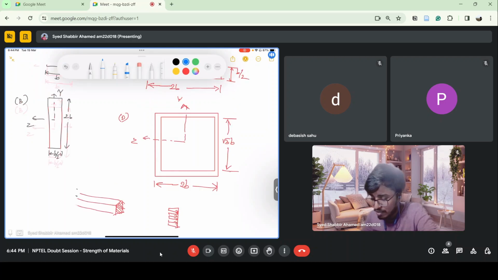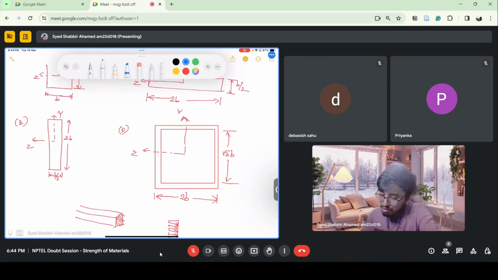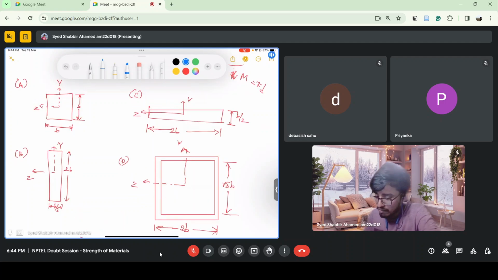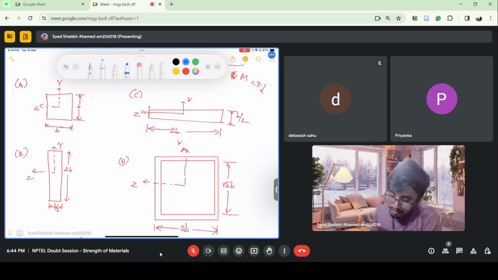If I apply a bending moment for a beam having these cross sections, which cross section do you think will have the maximum bending stress? About which axis, sir? This load is applied on the y-axis. Okay, so these sections will bend about the z-axis.